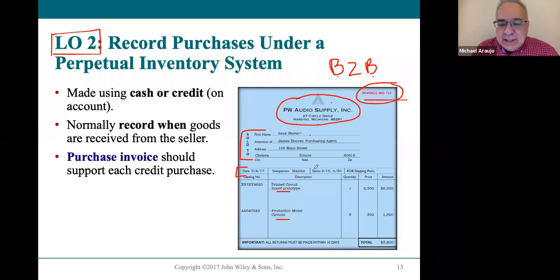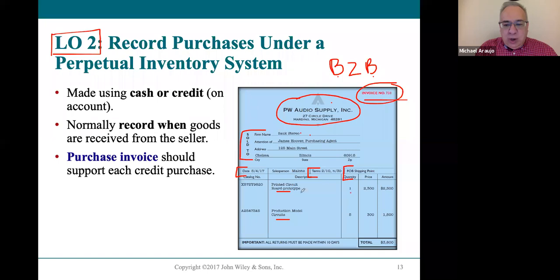But nonetheless, for accounting purposes, we don't need to know them. You do need to know the terms, which I'll get to in a moment, and what's called FOB, when the actual inventory changed ownership.